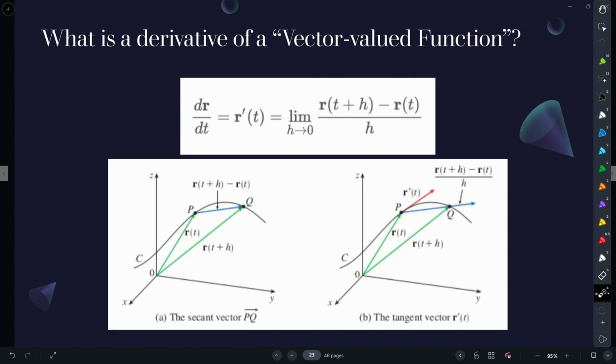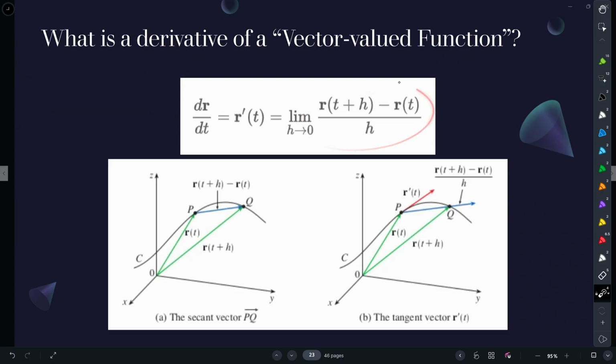And the limit will not be a number in this case. The limit will be a vector. If I define the derivative like I usually do, I want to know the rate of change of this vector function. The rate of change will be some vector, not a number.